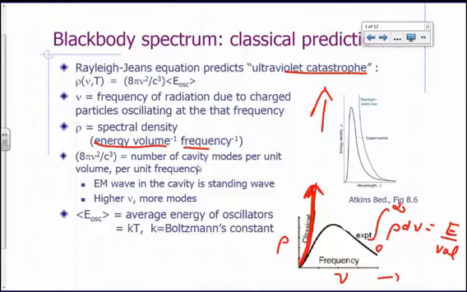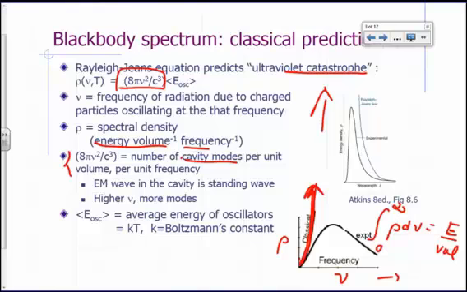Now, in this expression, the term 8 pi nu squared over c cubed is interpreted as the number of cavity modes per unit volume. What's a cavity mode? It's a way for electromagnetic radiation to exist within the cavity.